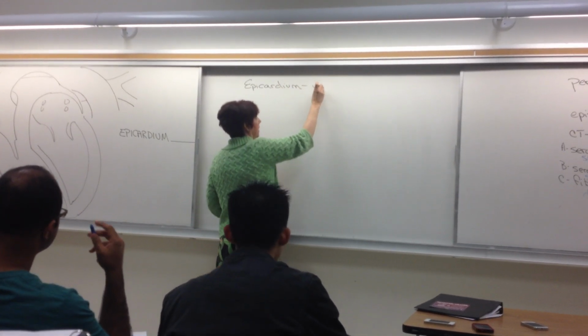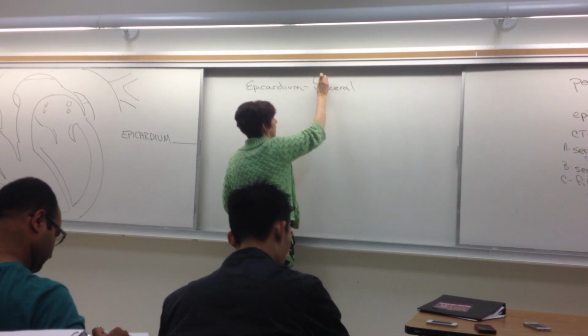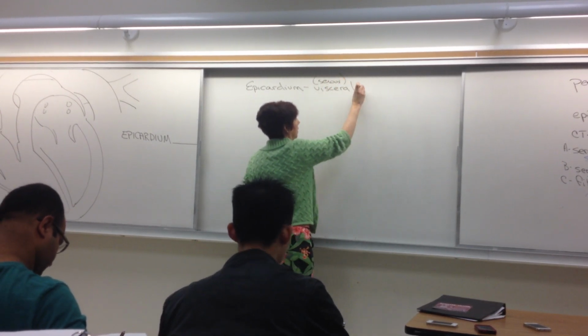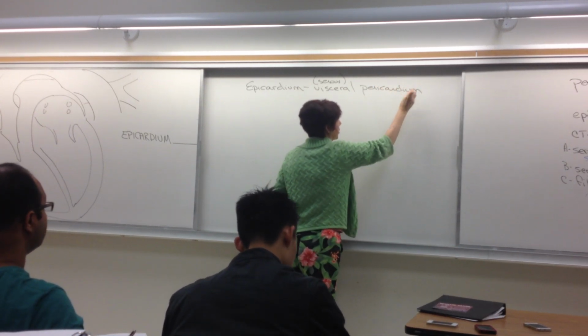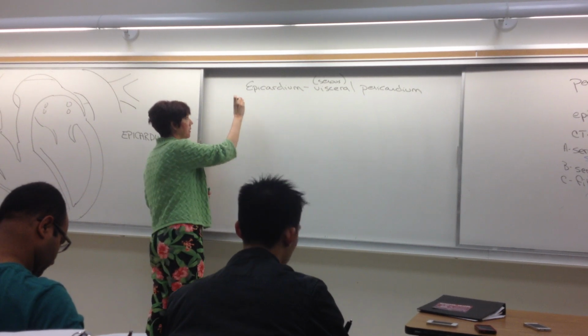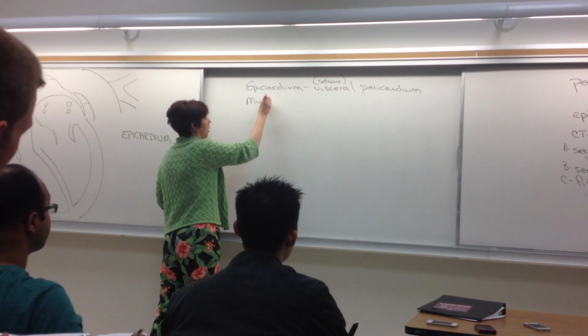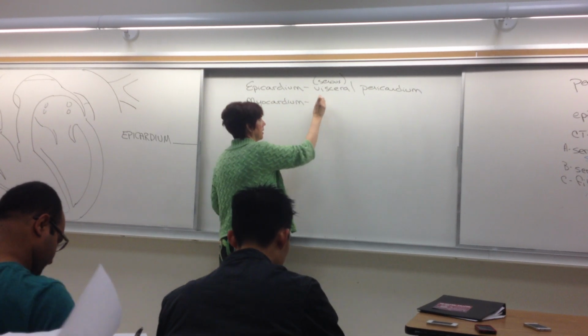So the epicardium is the visceral pericardium, which just creates a lubrication for its movement. We have the major component of the heart wall, which is the myocardium, and this is cardiac muscle.